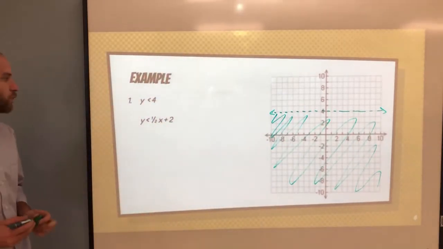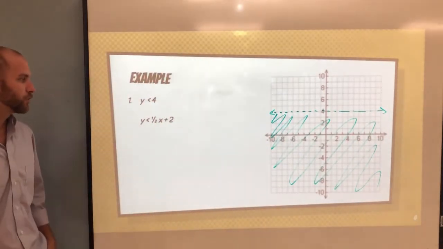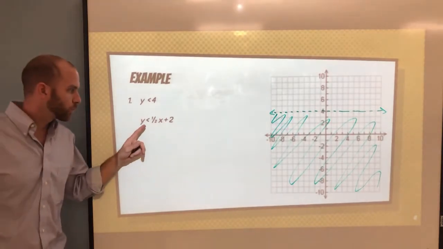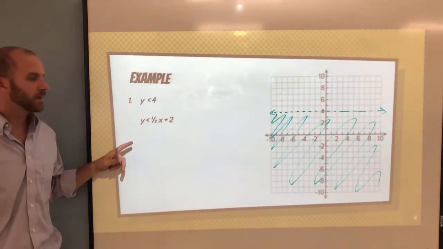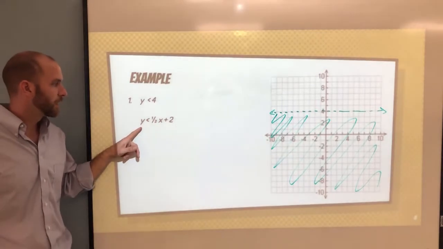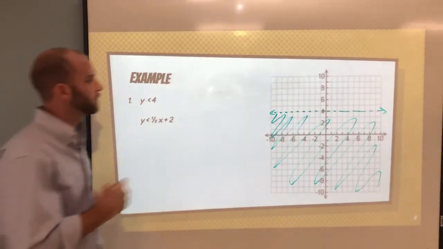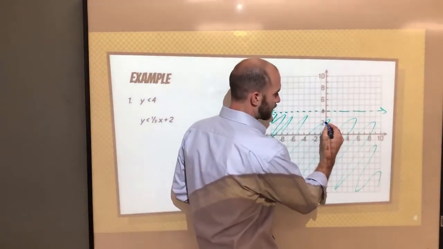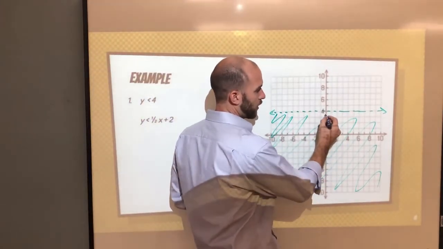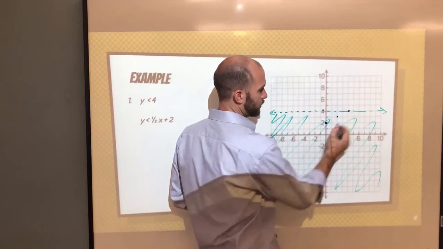The next one we want to do is y is less than 1/2 x plus 2. Now, notice we're still doing an inequality that is a less than inequality. We've got a slope of half, and we've got a y-intercept at 2. So let's go ahead and put that on the graph. So that slope of half means we go up 1 and over 2, up 1 and over 2.